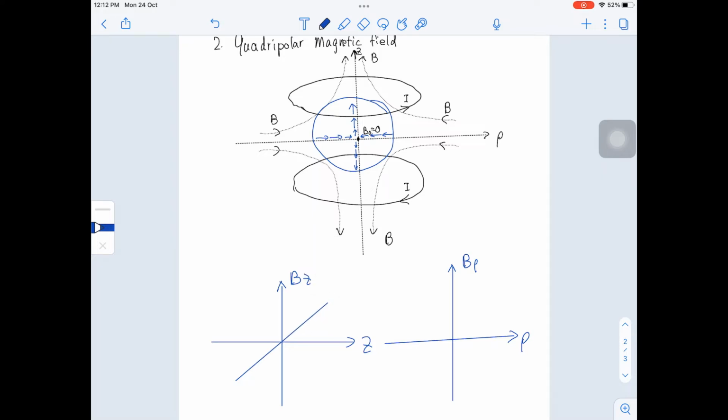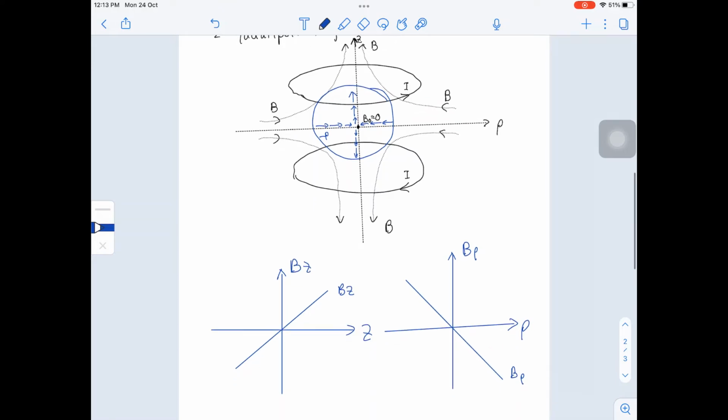This is Bz. For B rho, it is exactly opposite, because for the negative rho values, you can see the B field is pointing towards the positive rho. That means it is actually this way. I call this B rho. This is how the B field looks along the z and rho axes.